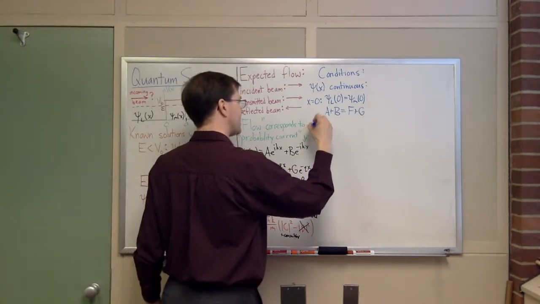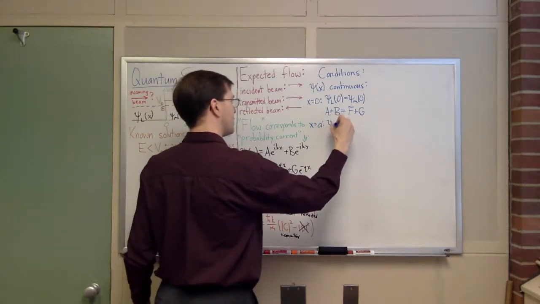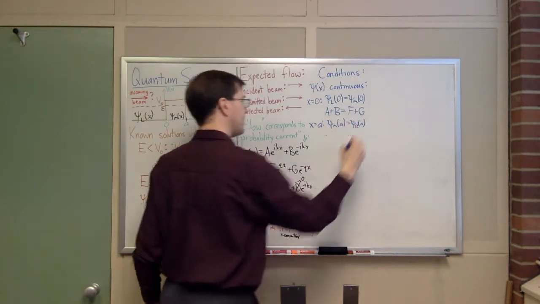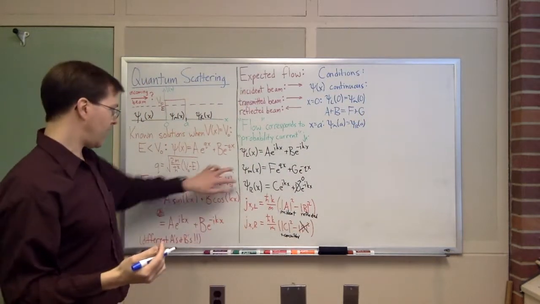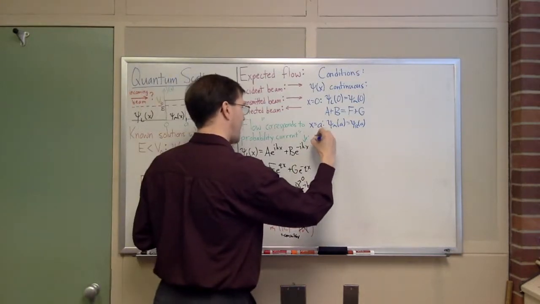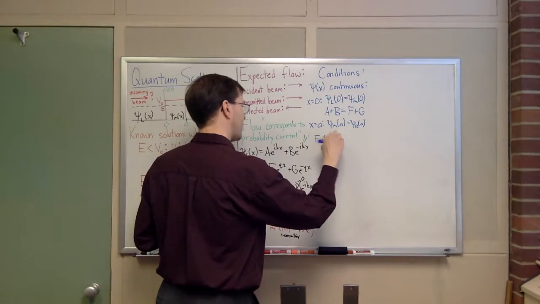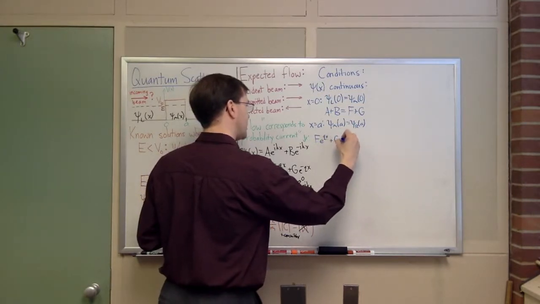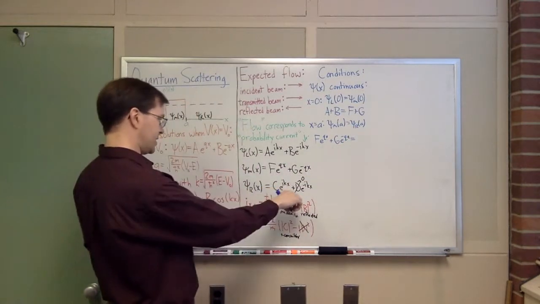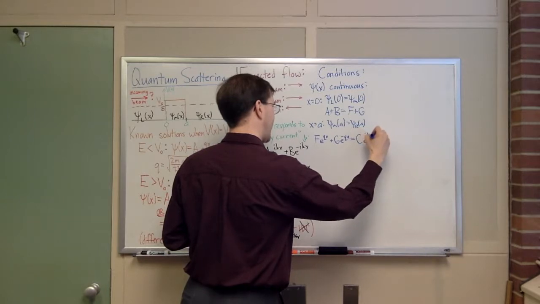And at x equals a, I need psi middle of a equals psi right of a. This will be a little bit more interesting. I want to set these two equal at x equals a. That tells me that f e to the qa plus g e to the minus qa has to equal, for psi right, c e to the ika.